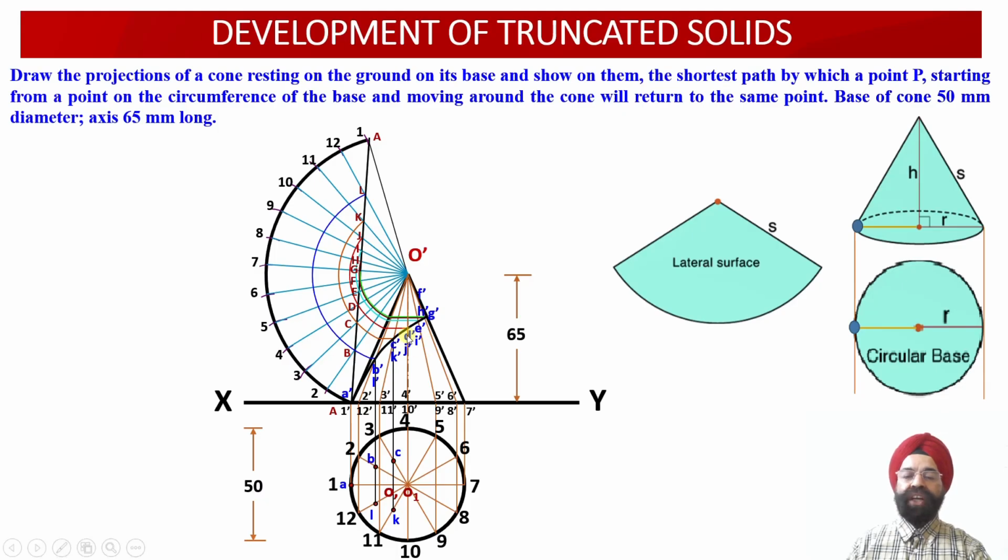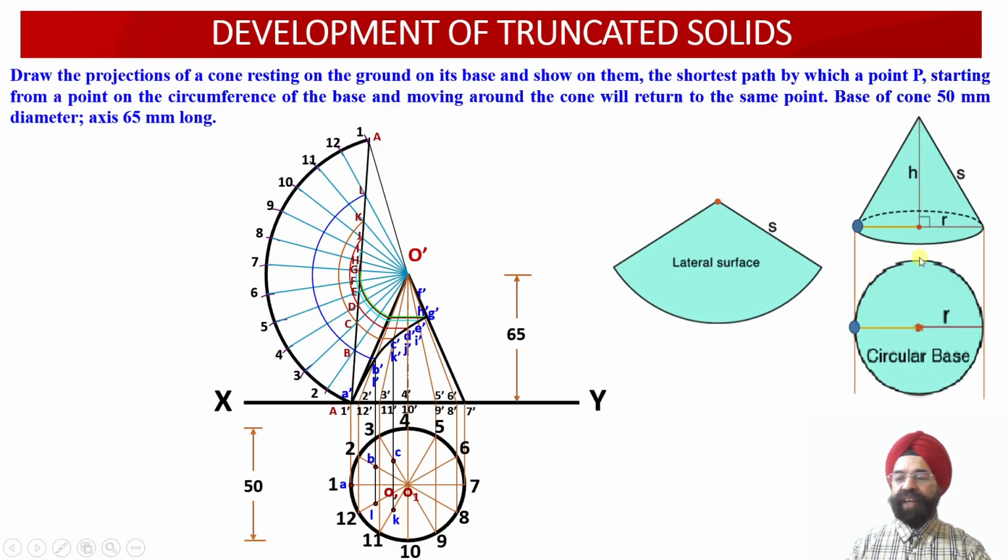Next 2 points. Now the 2 points of intersection are available as D dash and J dash. Now if we bring a projector line from D dash and J dash into the top view projections, we find that we are unable to obtain the points of intersection D and J onto the O4 and O10 slant generators over here.